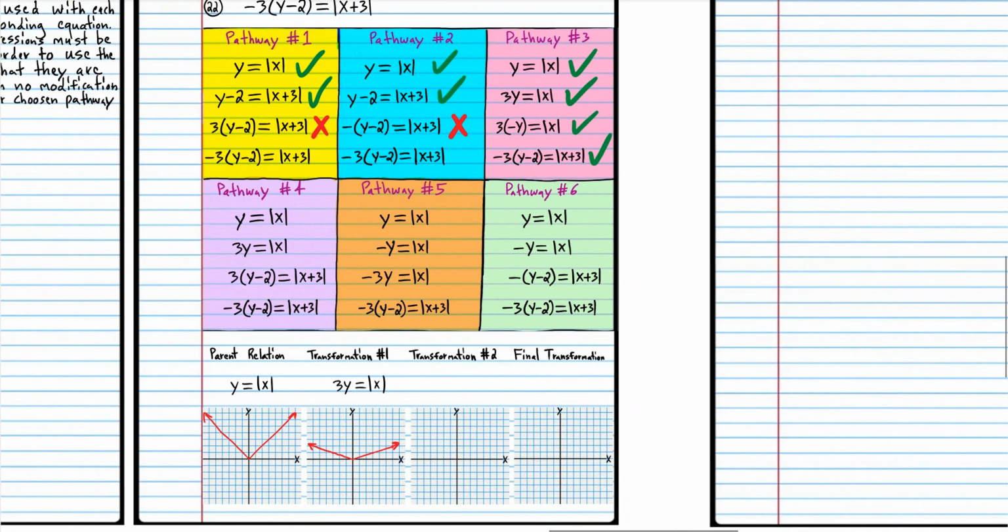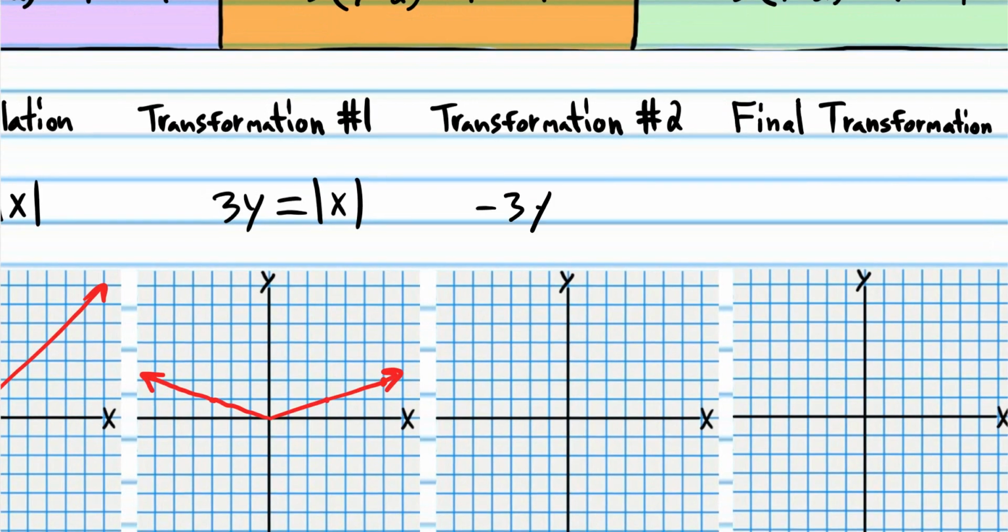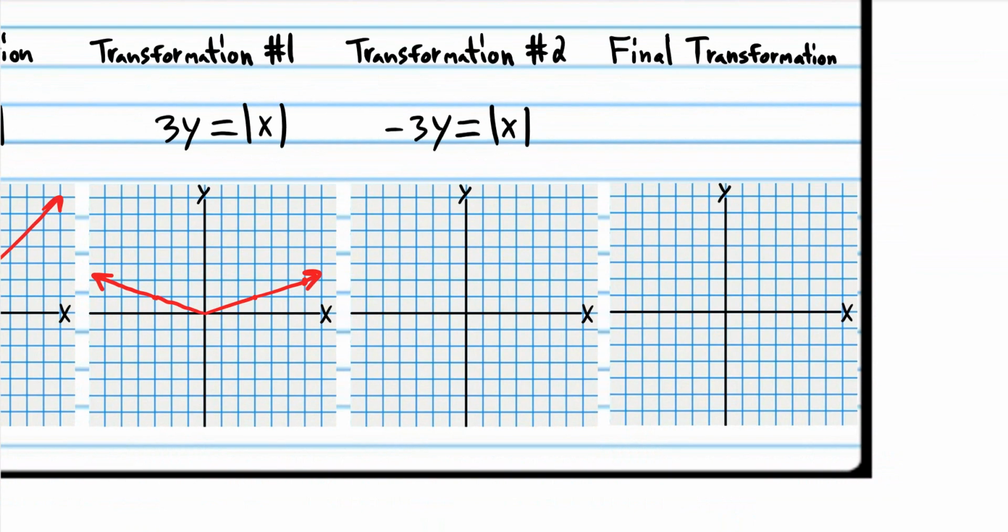And then we're going to replace y with negative y. That's this step up here. So then we get negative 3y is equal to the absolute value of x. So we're going to reflect across the x-axis.